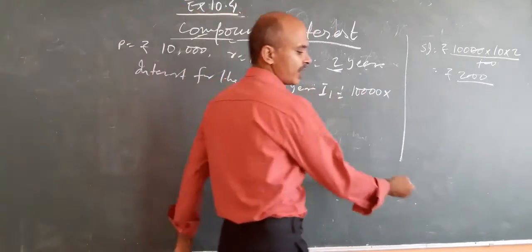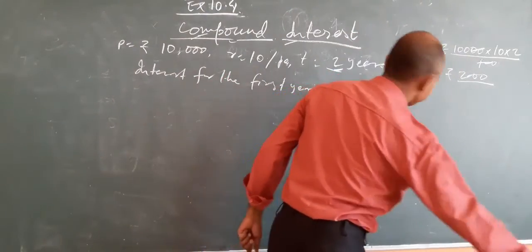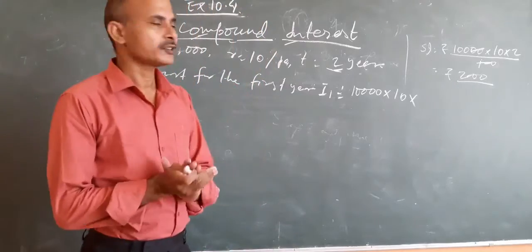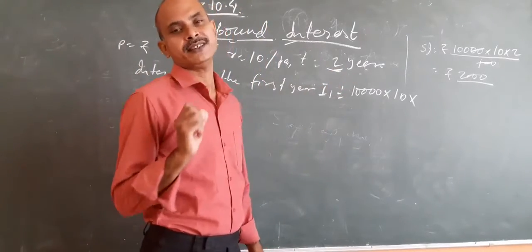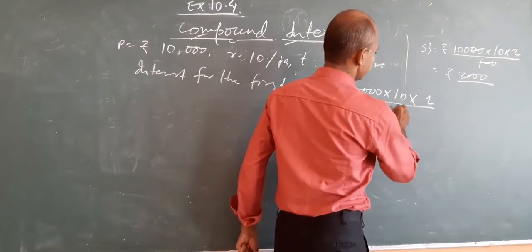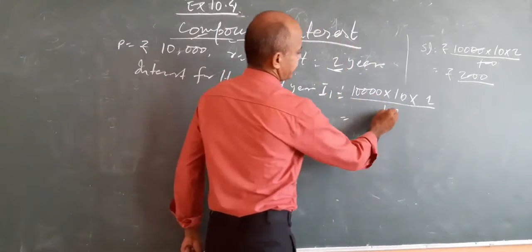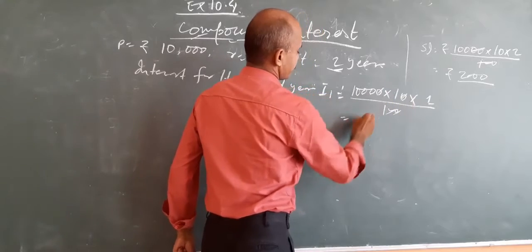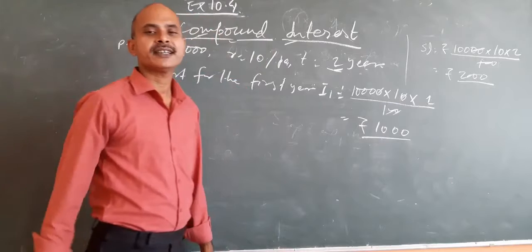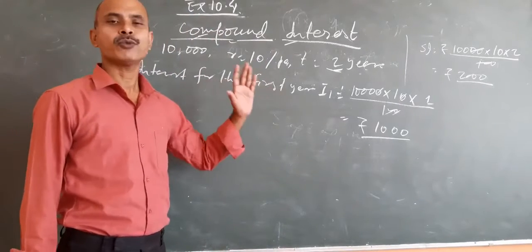P into R, rate is 10%, and time you will take not 2 years but 1 year, by 100. This gives rupees 1,000. So interest for the first year is 1,000.